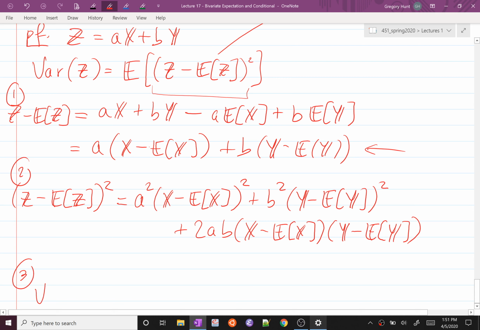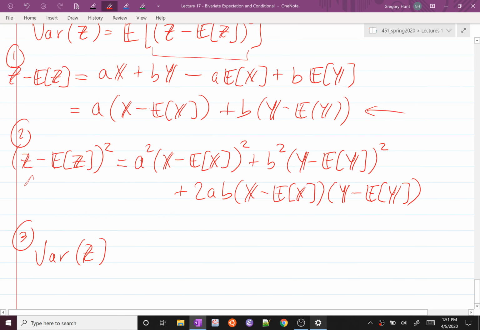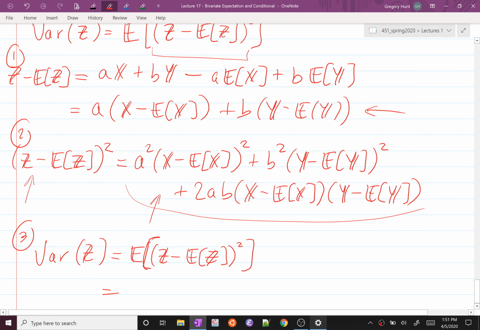My third step is that if I want the variance of z, which is ultimately what I want, the variance of ax plus by, I just have to take the expected value of this thing above. And expected value distributes nicely over my linear terms, right? So the variance of z is the expected value of z minus E of z quantity squared. And so that's just the expected value of this term here.